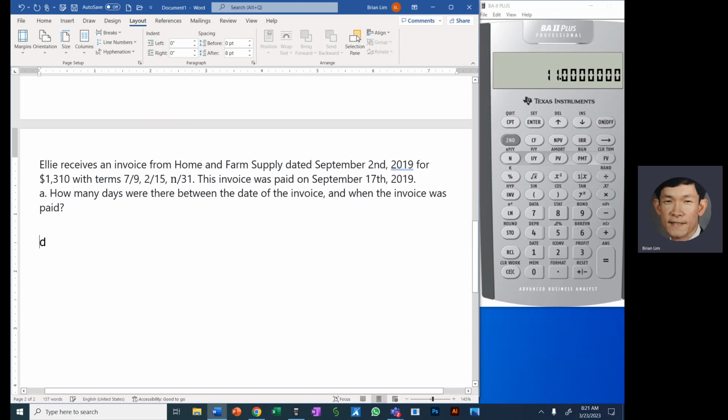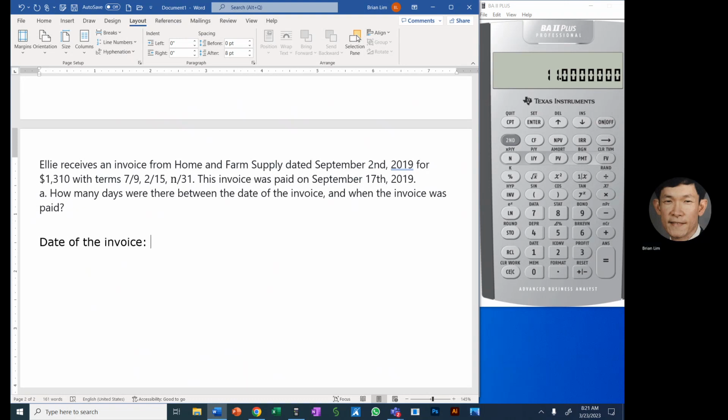So the date on the invoice, maybe use colons, it looks a bit more business-like, is September the 2nd, 2019.